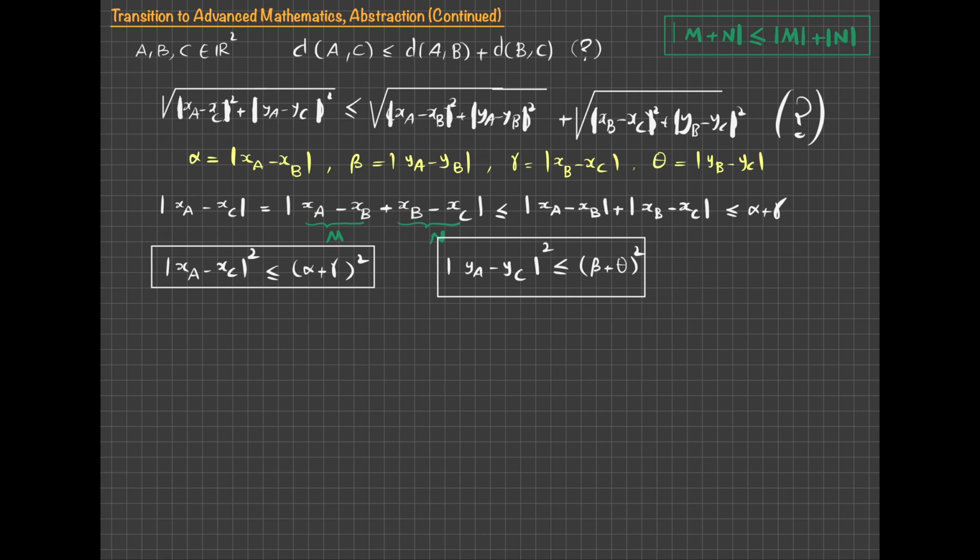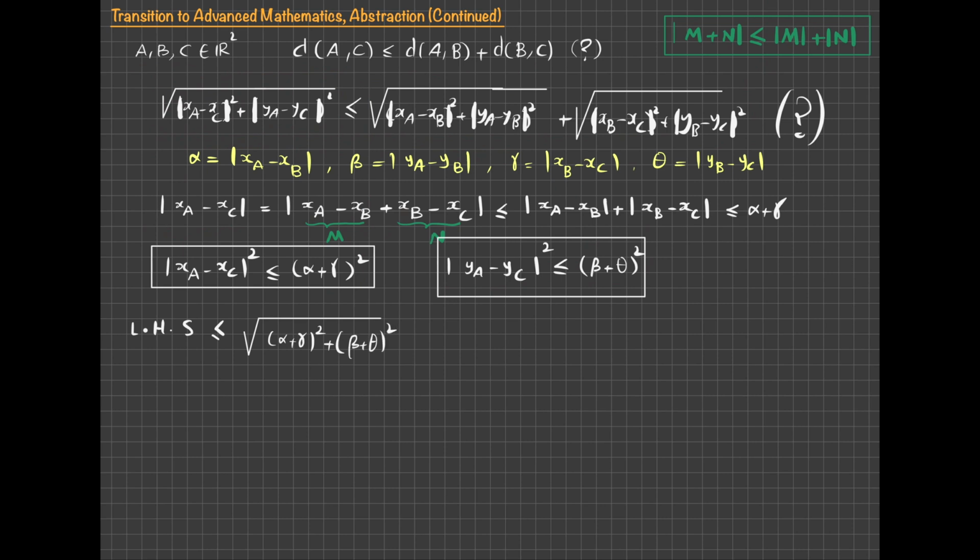Okay, now if you look at this inequality, let me write the left-hand side, which is equal to this one. The first term is less than or equal to this, and the second term is less than or equal to this. So hopefully you agree with me that the total left-hand side is less than or equal to alpha plus gamma squared plus beta plus theta squared.